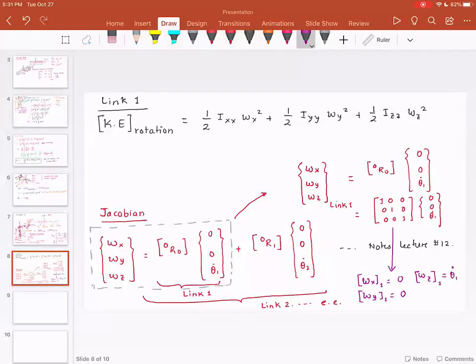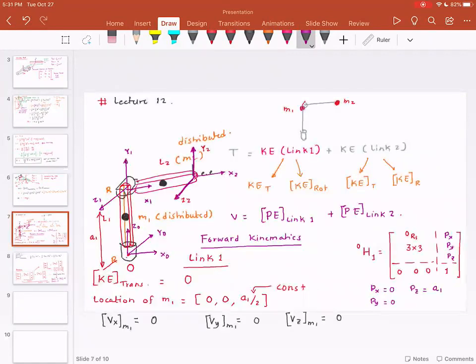Now let's see if it makes sense. What we are trying to see here is, the rotation of this link is about this axis.